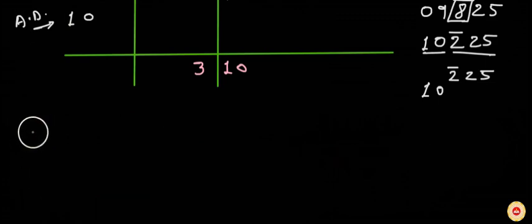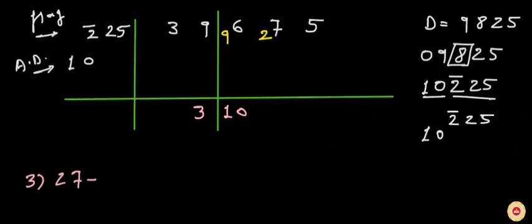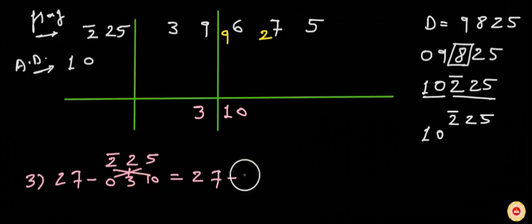Okay. So step number 3. 27 minus the cross product of the 3 flag digits and the last 3 quotient digits 0, 3 and 10. Let us calculate the cross product and subtract it from 27. So 27 minus 10 multiplied by -2, that is -20, plus 0, right?